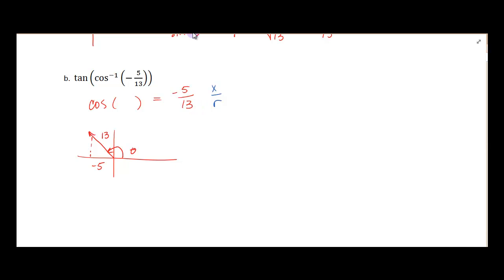So for this particular case, x is negative 5, r is 13, and when I use the Pythagorean identity, I find out that y is equal to 12. I can do that one in my head because I know that 5, 12, 13 is a special triangle, or you can use Pythagorean's theorem to calculate it yourself. So I know this y value is 12.